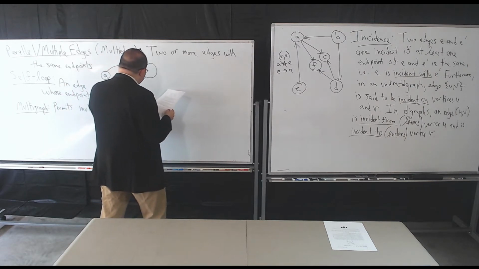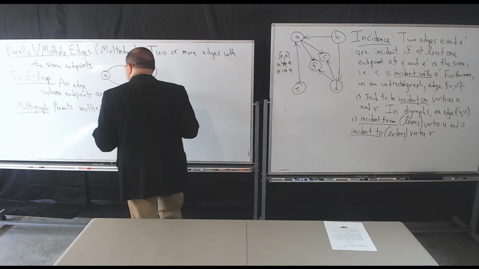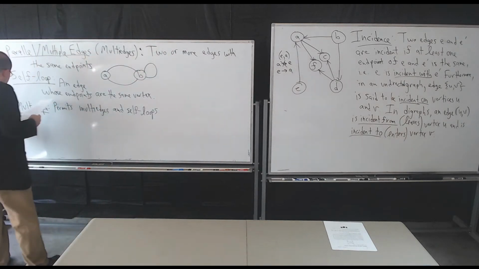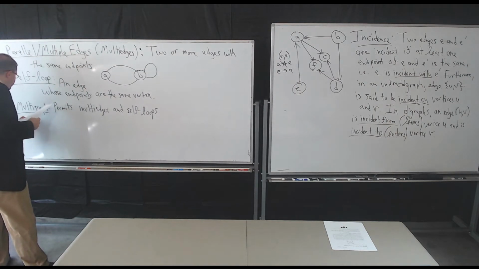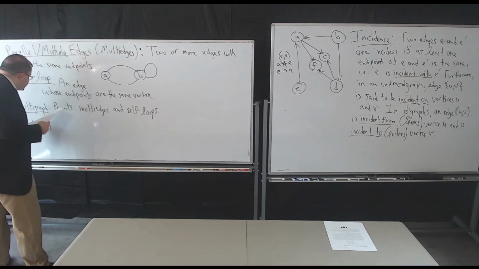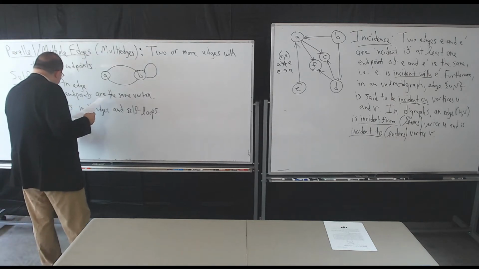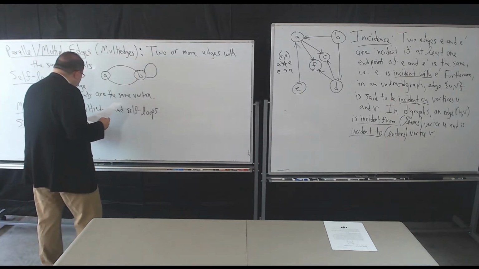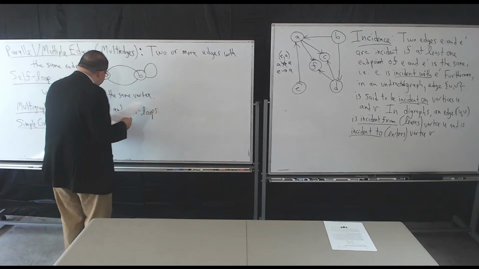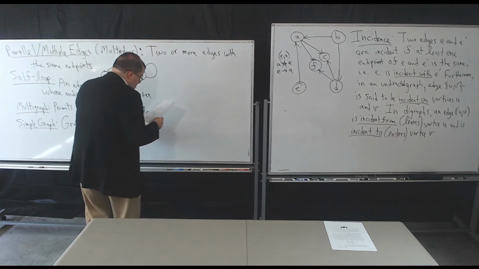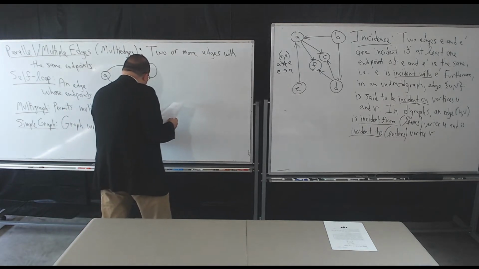So it's a far more general kind of structure for a graph than the ones that I've been showing you so far. In contrast, a simple graph is as follows: a graph with no multi-edges or self-loops.